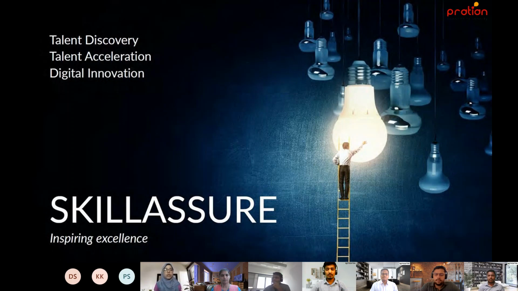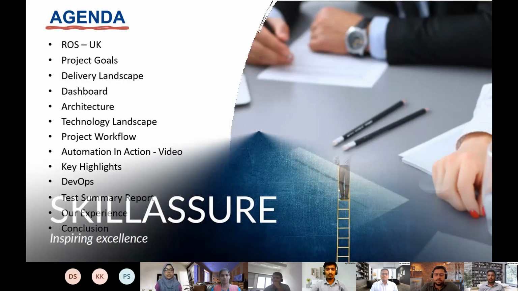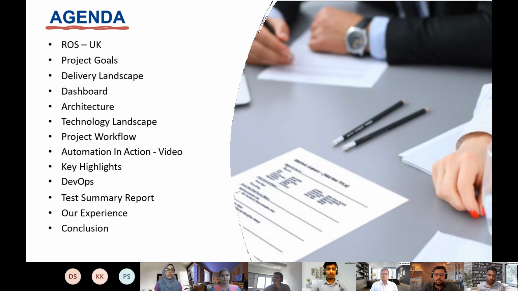The agenda of this presentation is, first of all, the introduction to the application ROS, which is a customer for Pratian in UK. Then project goals, delivery landscape, dashboard, architecture, technology landscape, project workflow, automation in action, where we have executed our tests and recorded them in a video.